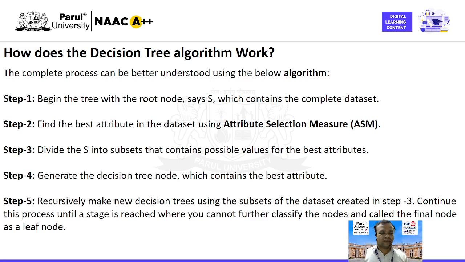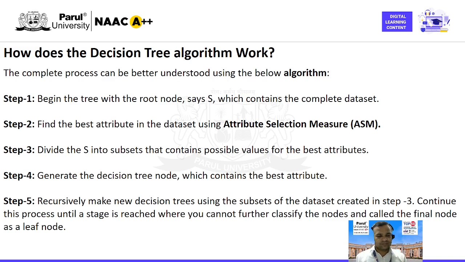Second step is to find the best attribute in the data set using ASM, attribute selection measure. We will discuss in the next slide what ASM is and how we can calculate it. Step 3: divide S into subsets that contain possible values for the best attribute. And the fourth step is to generate the decision tree node which contains the best attribute.